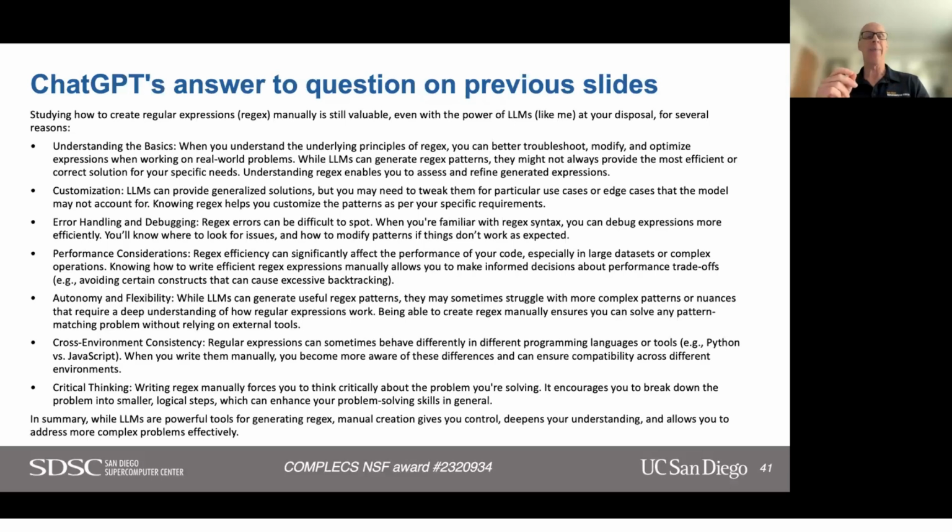So if you understand the basics, you're going to be able to troubleshoot those regexes. You're going to be able to identify when they're not quite doing what you want, and you're going to be able to customize it better for your own solutions. And then finally, the last one I like to emphasize is critical thinking. Writing regexes manually forces you to think critically about the problem you're solving.